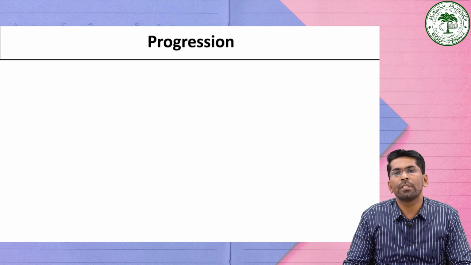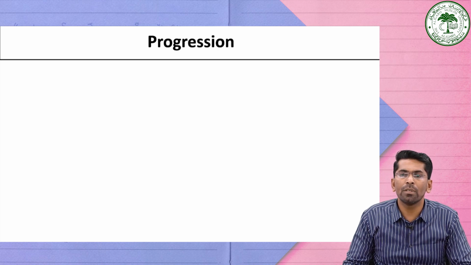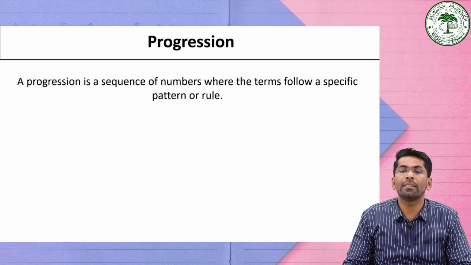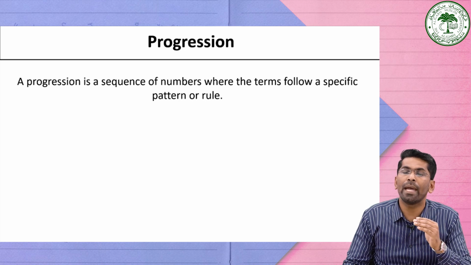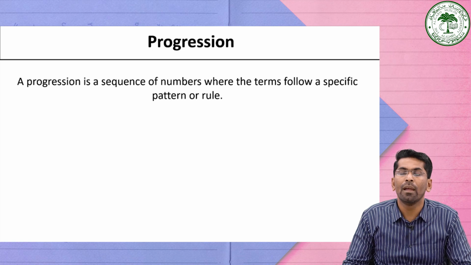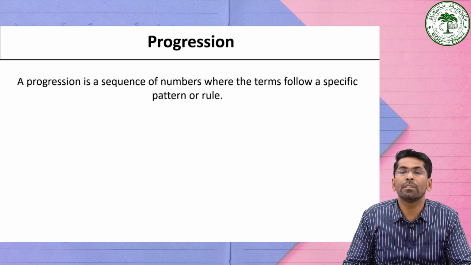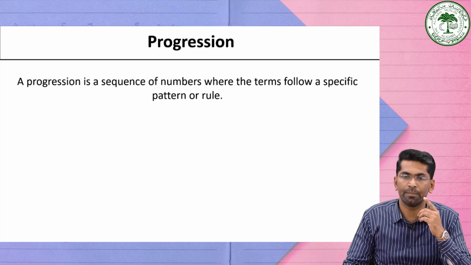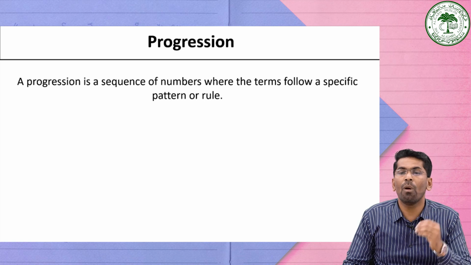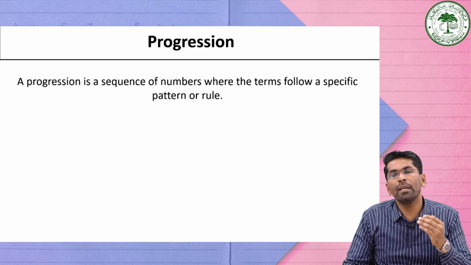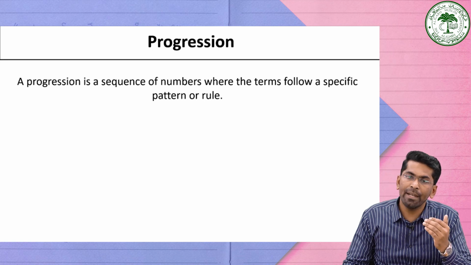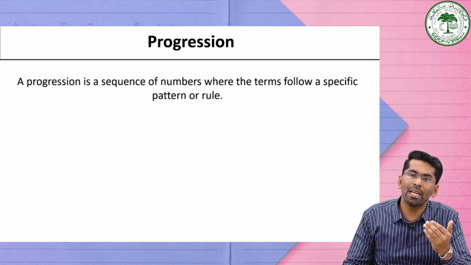Similar to the concept of sequence, we have another concept of progression. A progression is a sequence of numbers where the terms follow a specific pattern or specific rule. These are often characterized by the relationship between consecutive terms. It is a collection of objects ordered in such a way that we can identify the first member, second member, third member, and so on.